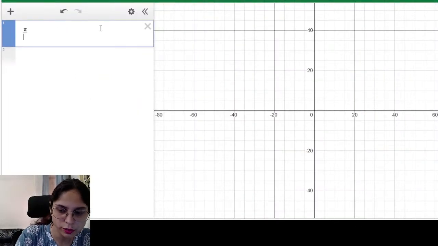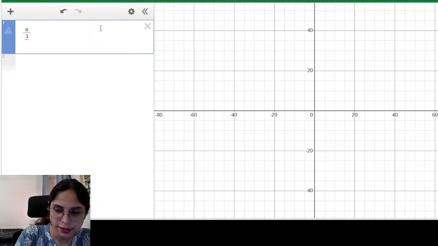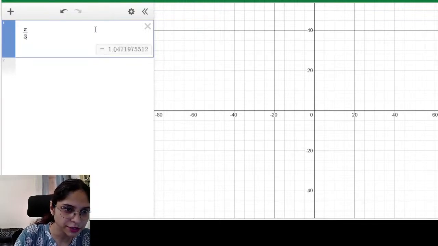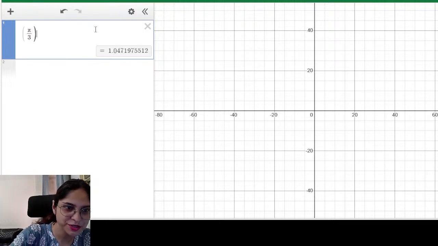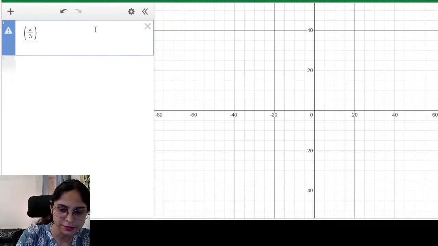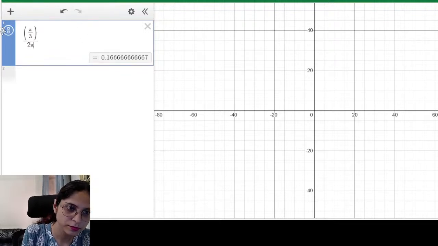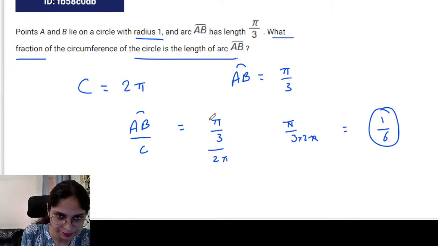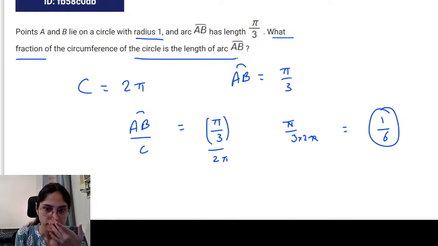Fraction means part over whole, so pi over 3 divided by 2 pi. Whenever you're writing that, always make sure you write it like this. That's 1/6. Alright? So that is it.